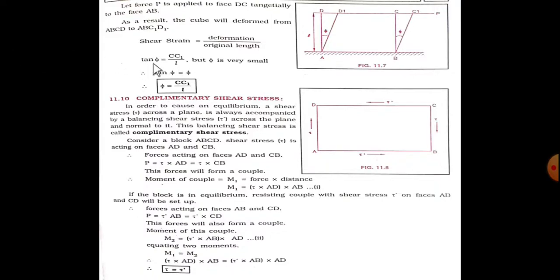We have to memorize these things also. This is called shear strain. So whenever an element is cut off from a particular point, two things are produced: first one is shear stress and second one is shear strain.